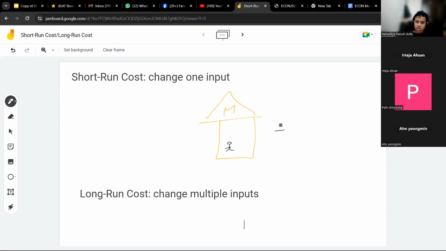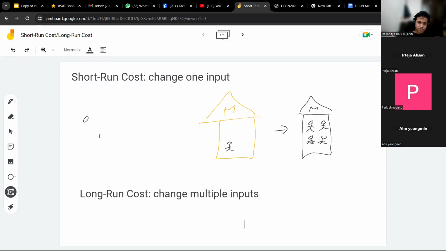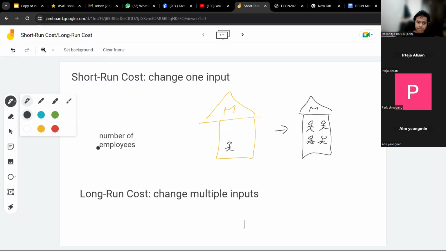Then this is talking about short run cost because all I'm changing is the number of employees. So one, two, three, four. In this case, I'm only changing one input, which is the number of employees. Maybe the color of the McDonald's changes too, but that's irrelevant. The number of employees is the only thing that changes.